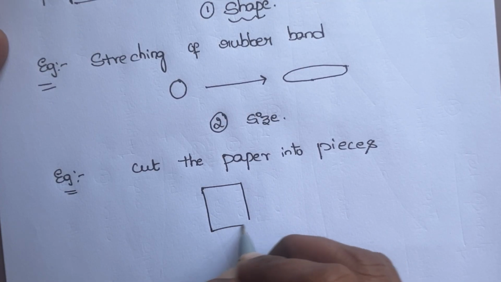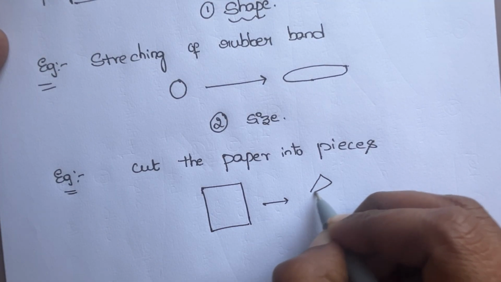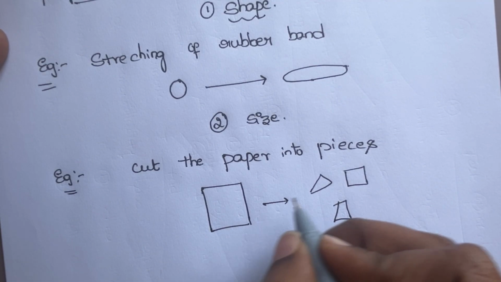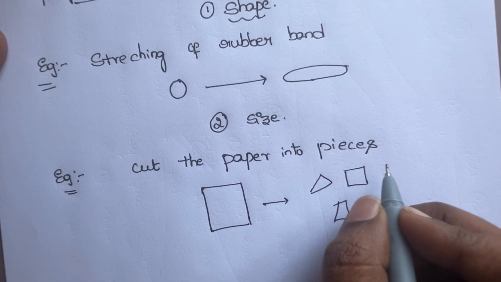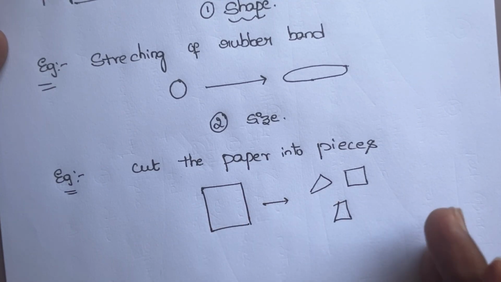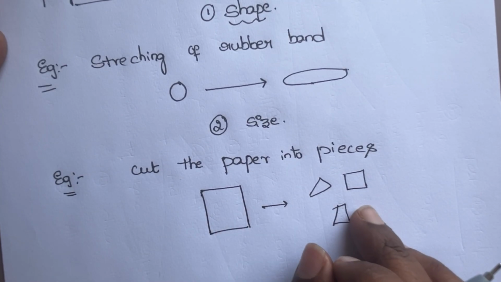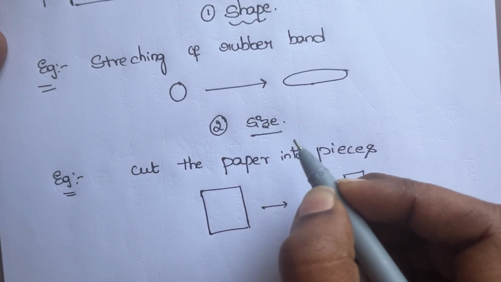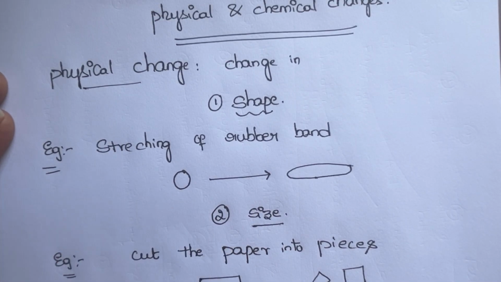A big paper is converted into smaller pieces. This is also paper, this is also small paper. So there is no change in the chemical composition. Same substance only, with different sizes. So that's why if there is a change in size, that is also a physical change.